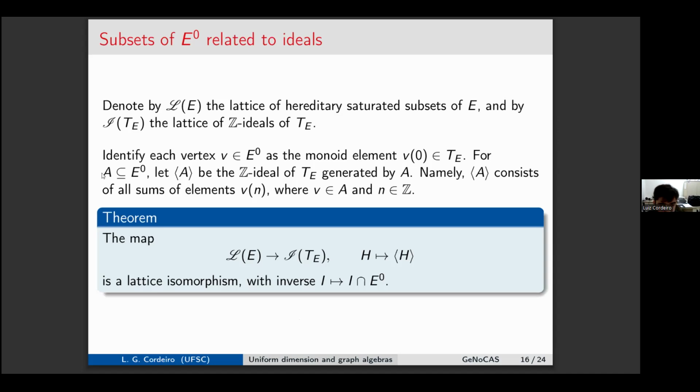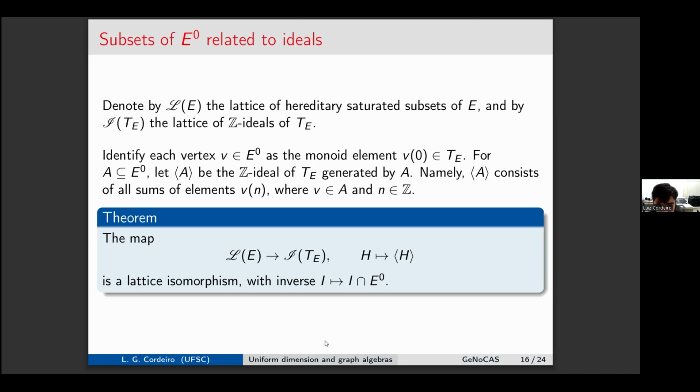And for every subset of E0, we can thus generate an ideal in the talented monoid. And so with this identification of vertices as elements of the talented monoid, the map which takes a hereditary saturated subset and generates its ideal in the talented monoid is a lattice isomorphism with a quite simple inverse.